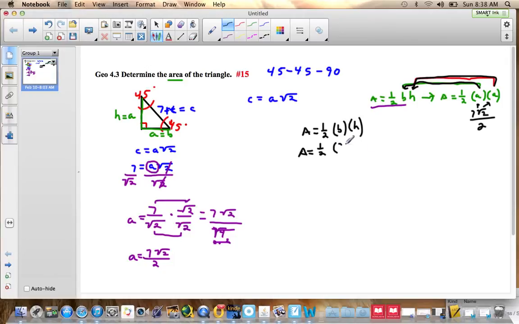So 7 square root of 2 over 2. That's my B. Okay, what I did there was just put B in. Now I'm going to put in H, and H also is equal to A, and A is 7 square root of 2 over 2.